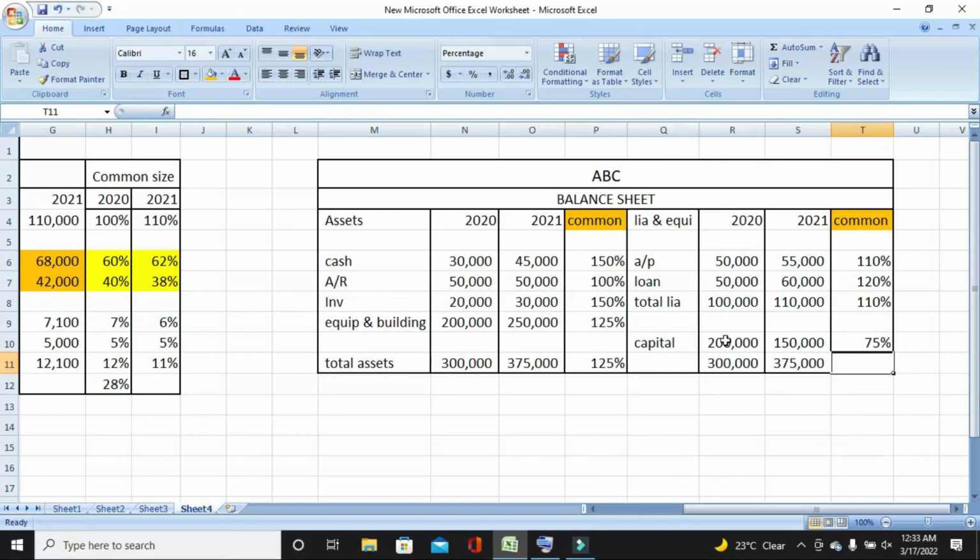During 2020 it was 200,000, but now in 2021 it is 1 lakh 50,000. So there is a decline in our total capital. So overall there is a similar change in our liabilities and equity as the changes that happened in our total assets.